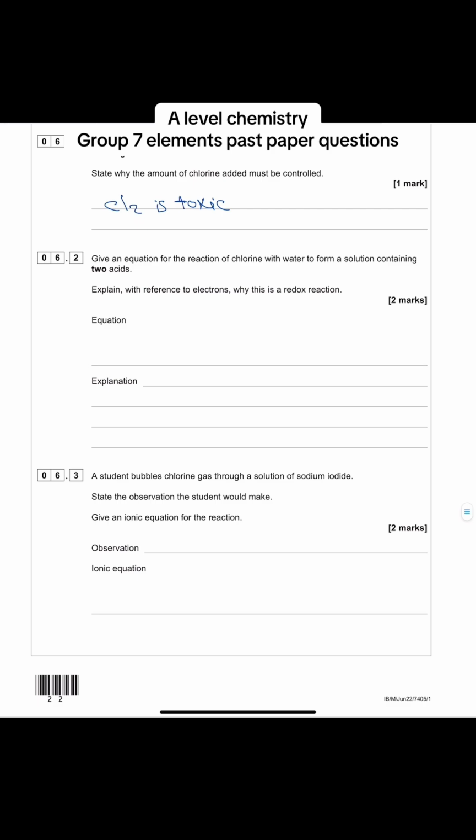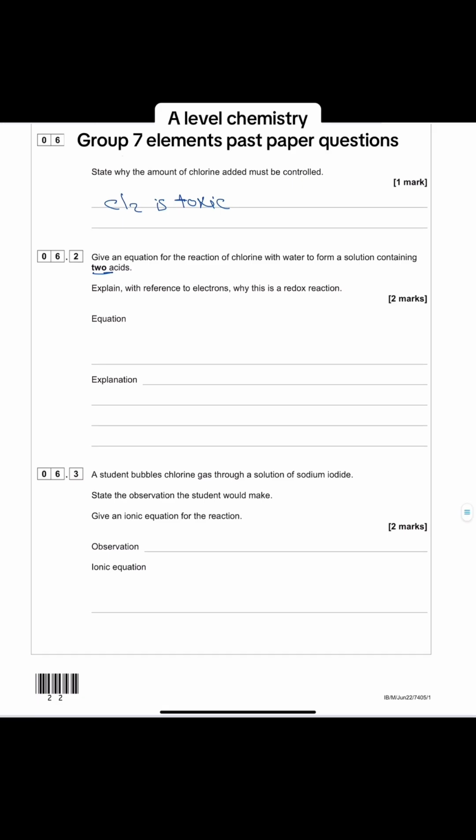Give an equation for the reaction of chlorine with water to form a solution containing two acids. So this is the same question we just answered. However, they are now asking you specifically about the one that will give you the two acids. So we have to write the disproportionation one, which forms chloric(I) acid and hydrochloric acid.